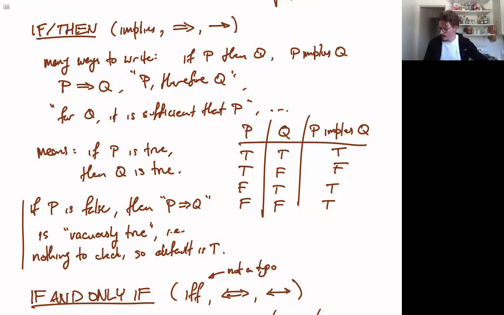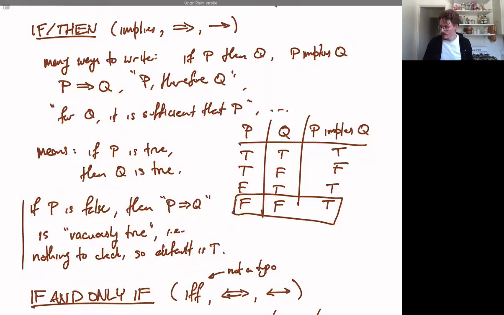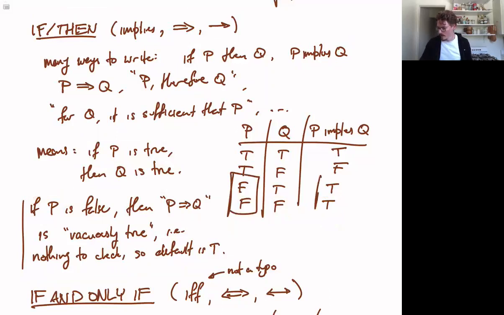So it's true in this situation for the same reason over here, that it is vacuously true. If P is false, then nothing else matters, because the whole premise does not apply. So if P is false, we're not even asking a question, right? So both of these cases are vacuously true. It doesn't matter what Q is. This immediately tells you that it's true.